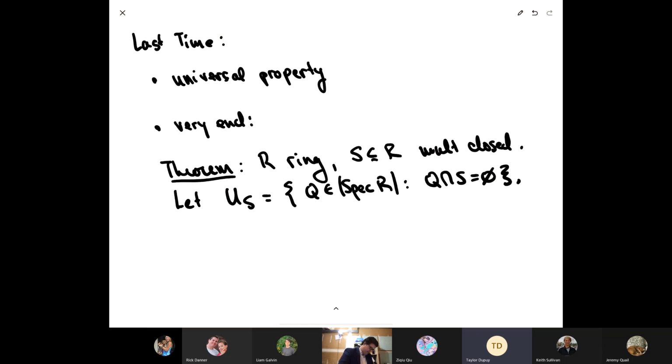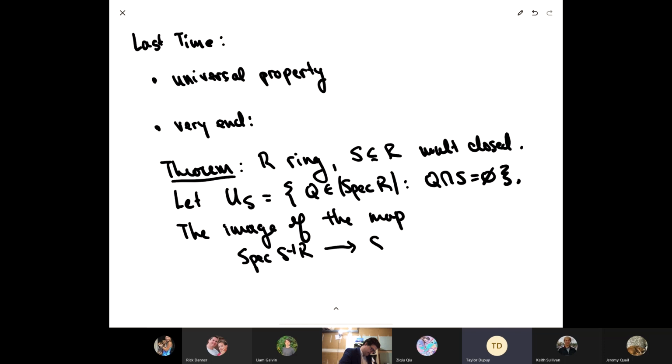Okay, so the claim is the image of the map, spec of S inverse R to spec R, these are the topological spaces.